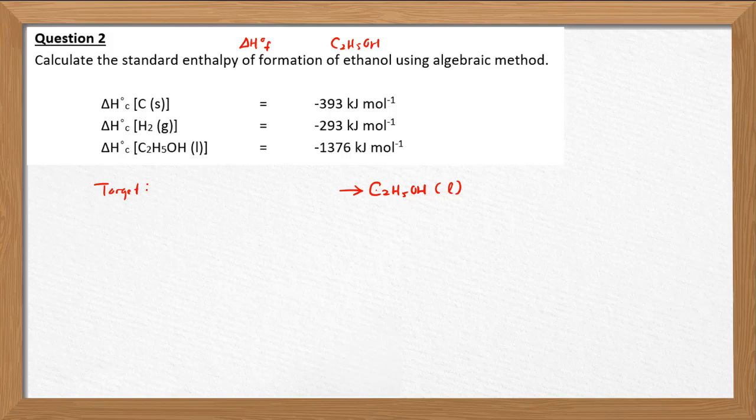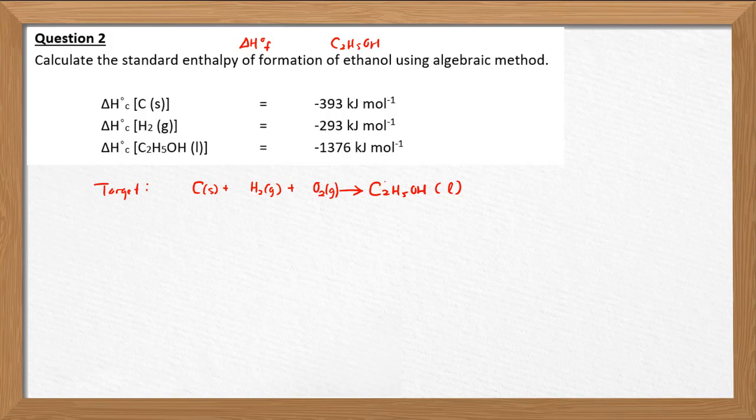So 1 mole of the compound is formed from its elements under standard state. Carbon's standard state is solid, hydrogen's standard state is gas as H2, and oxygen's standard state is O2 gas.